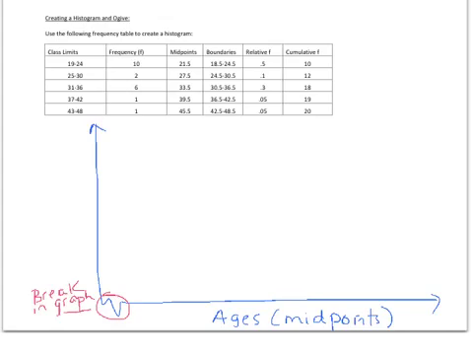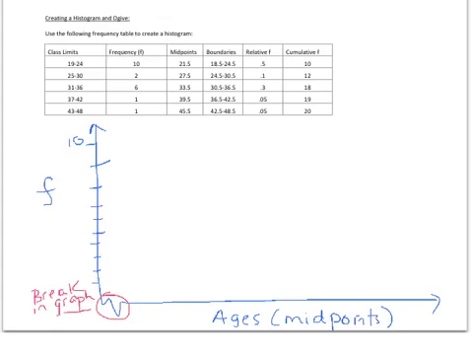I'm not actually going to do it on my y-axis, because my y-axis only goes from 0 to 10. So there's 1, 2, and this will be our 10. The y-axis for any histogram is going to be my frequency.